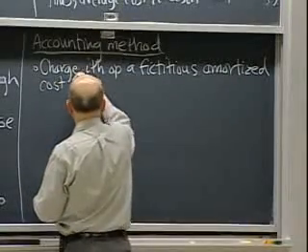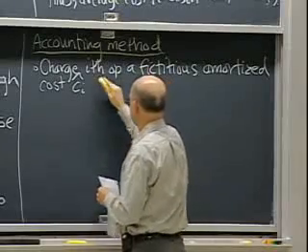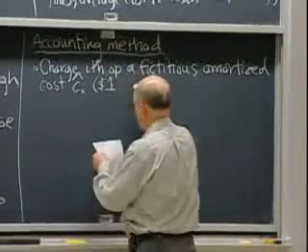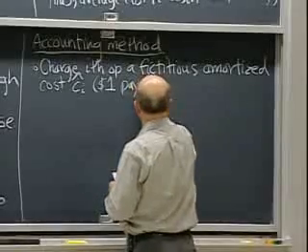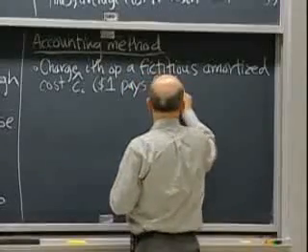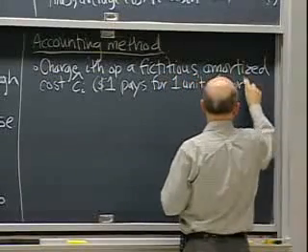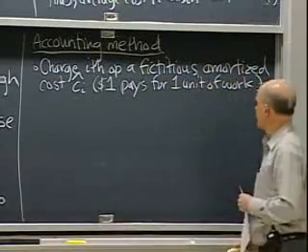We'll call it C hat sub i, where we're going to use the abstraction that $1 pays for 1 unit of work, in other words, of time manipulating the data structure or whatever.